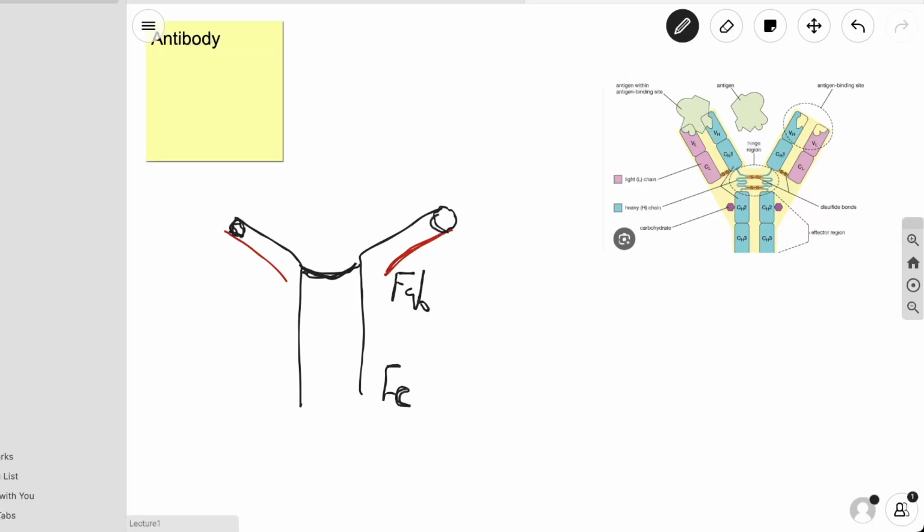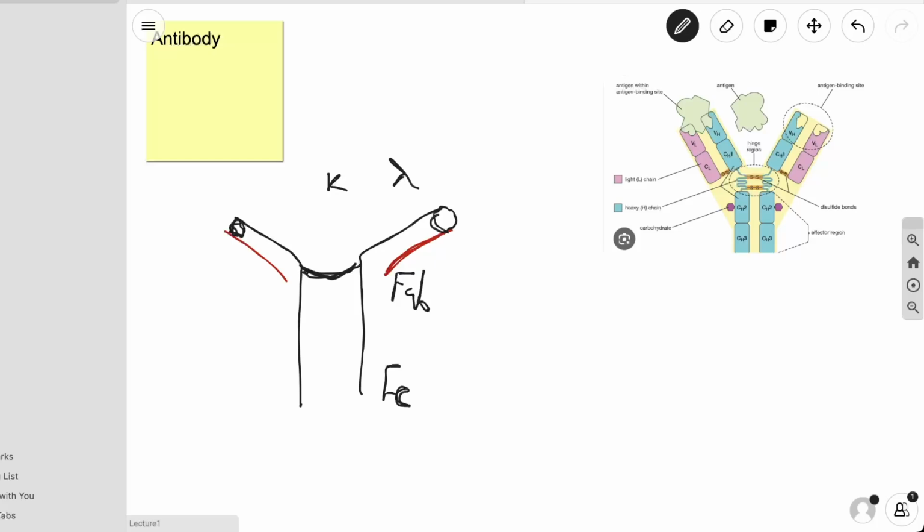Another thing you need to know is that there are two types of light chain. These two light chains, we call them kappa and lambda. Kappa is this one highlighted in red, or you say lambda.